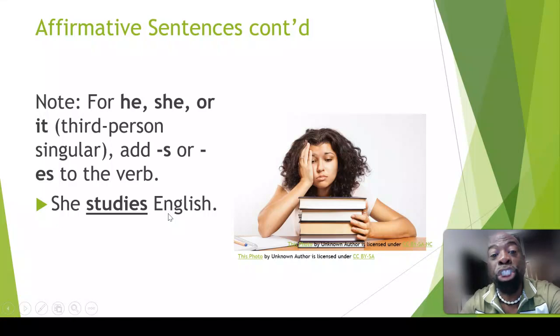Next example: she studies English. Note for the word study, we drop the y and add an i and then es. We will talk about that further because that is a little bit outside the scope of this lesson.